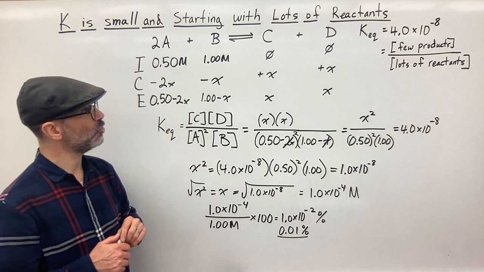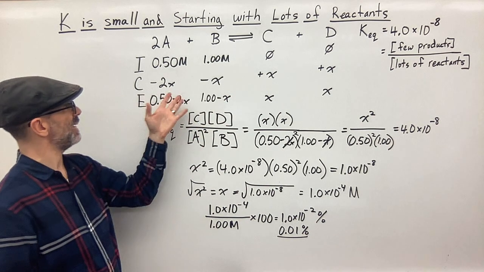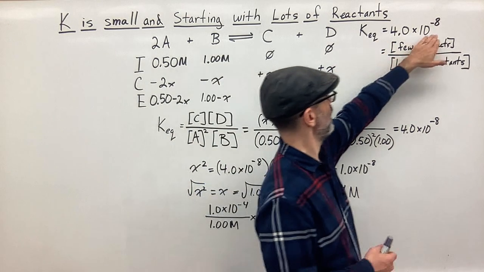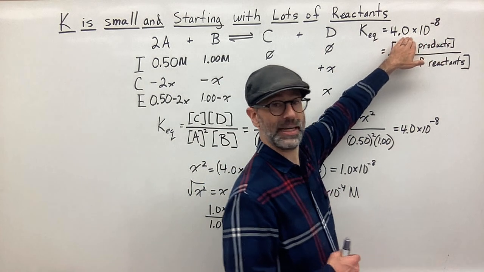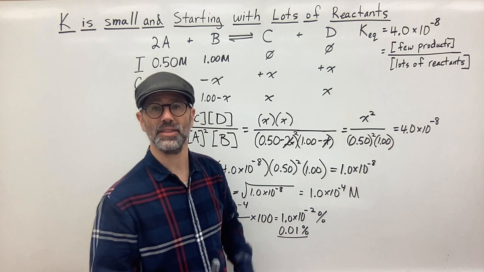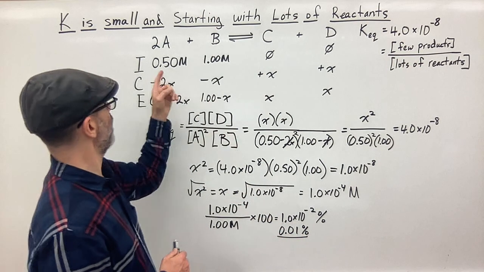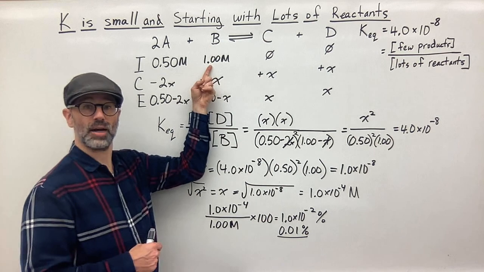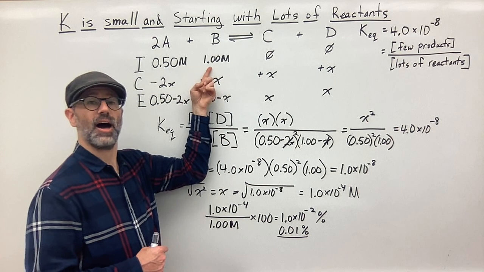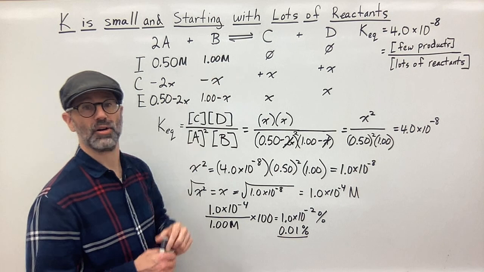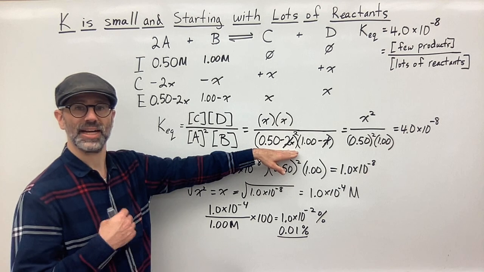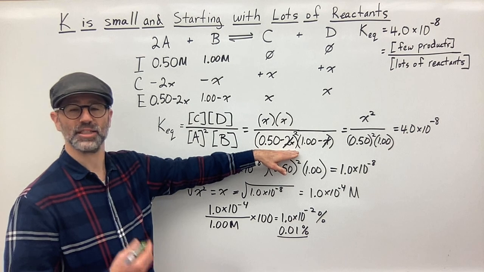But one thing I do want to say, a rule of thumb, is that if the K value you have is on the order of 1,000 times smaller than the concentration of your reactants that you're looking at, it's a safe bet that your neglect of X, your ignoring of X, is valid.